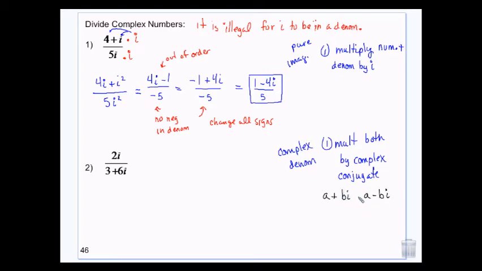These are conjugates of each other. So if this is a plus, I want to multiply by a minus. If this is a minus, I'm going to multiply by a plus. So you multiply by the opposite sign. So I'm going to multiply both the top and the bottom of this by 3 minus 6i.